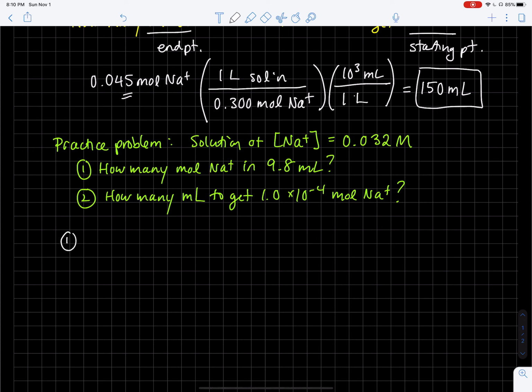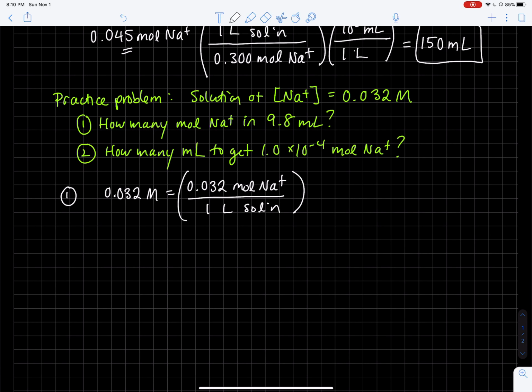So number one, I'm going to start by reminding us that this means I have 0.032 moles, and I just kept sodium plus the same as we had in the last problem. It would be whatever the solution was, but that's our conversion factor. Okay, so for number one, I have 9.8 milliliters.